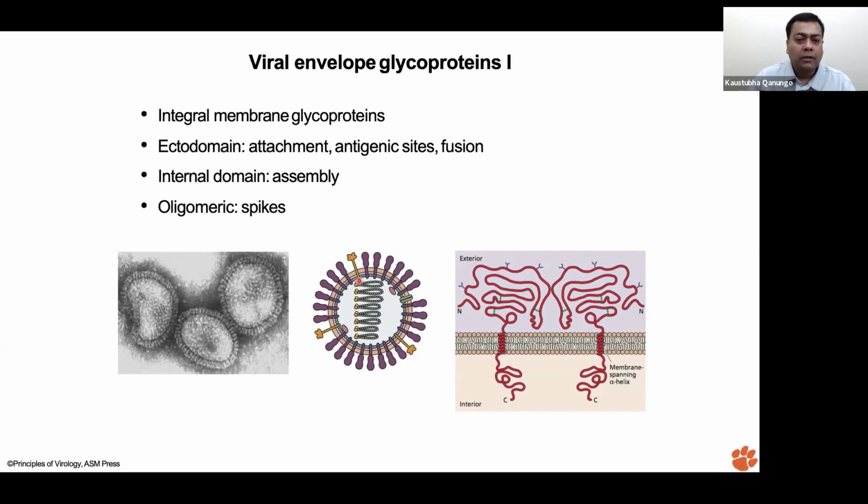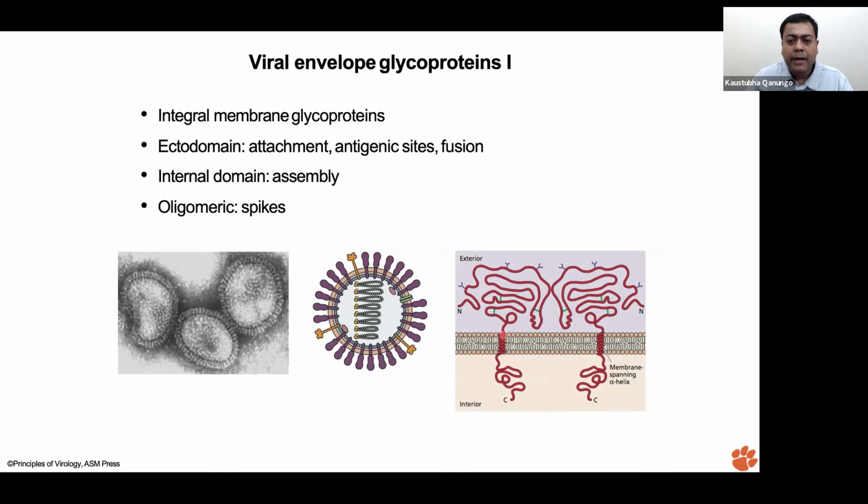On the other hand, the internal domains, which is right here, help in the assembly structure. And sometimes they can form oligomers, meaning there are multiple, like trimers, tetramers, dimers, and they can sometimes form spikes as well. So here is a typical structure that you are seeing. That right here is the internal domain.